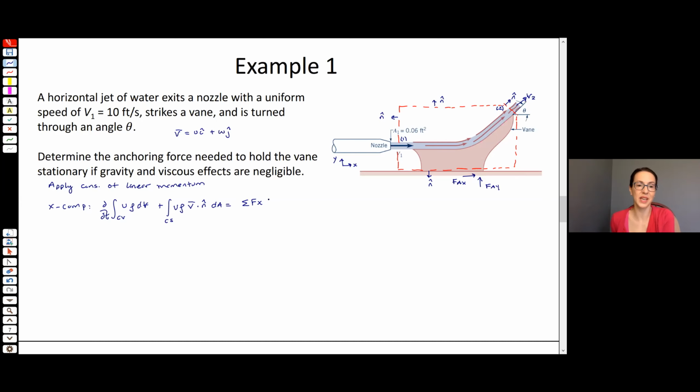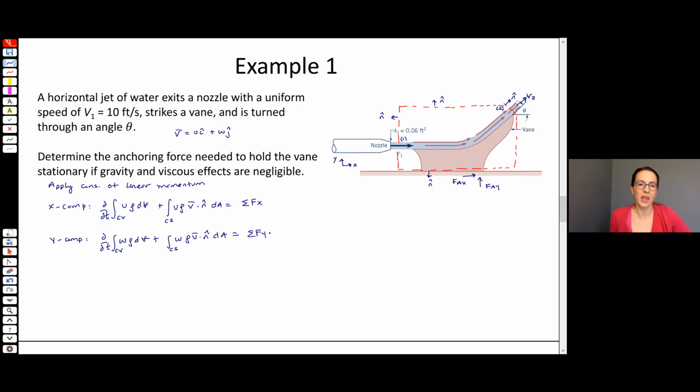All right, so here's the x component, and then we've got the y component. And this is equal to the sum of the forces in the y direction.